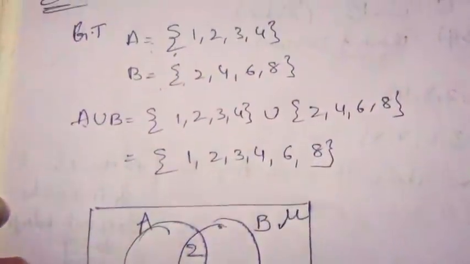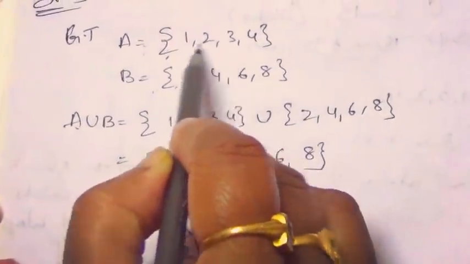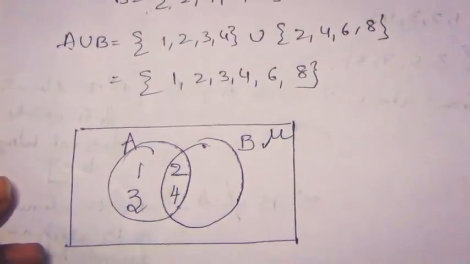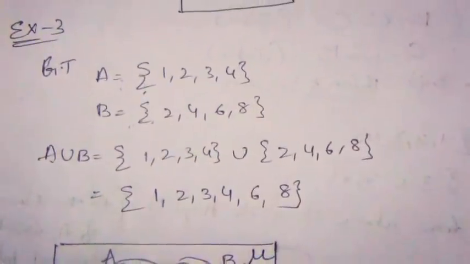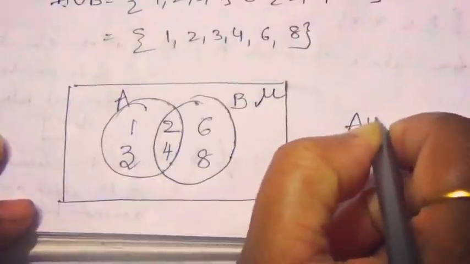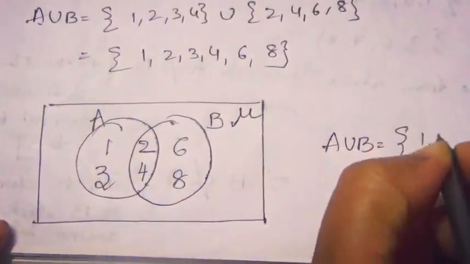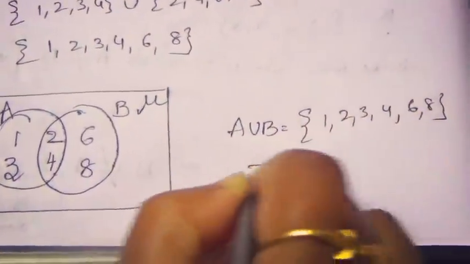After writing these 2 elements in this portion, what are the remaining elements in A? 1, 3. You have to write like this. What are the remaining elements in B? 6, 8. So all together you will get A union B, that is equal to, what are the elements of all? That is {1, 2, 3, 4, 6, 8}.